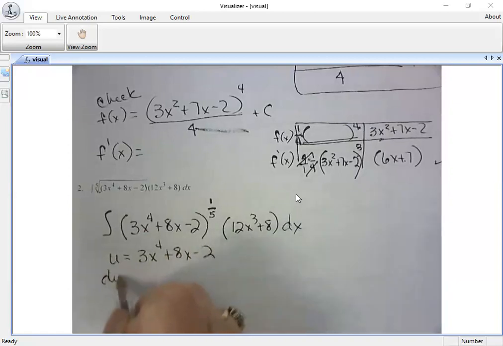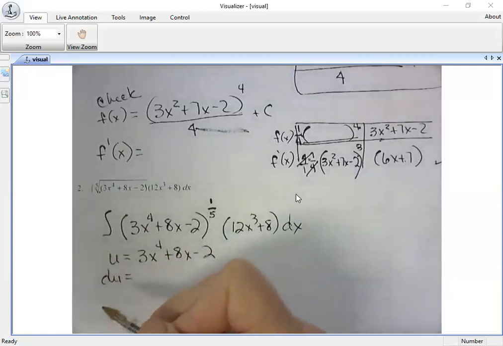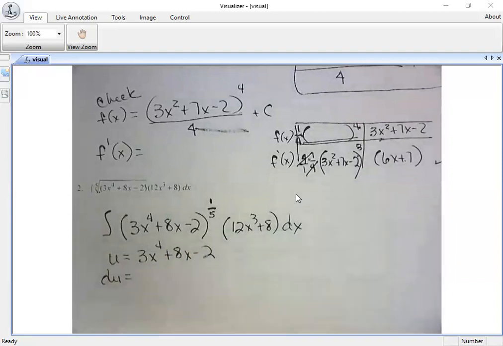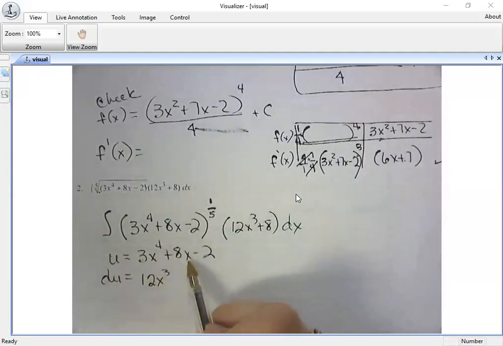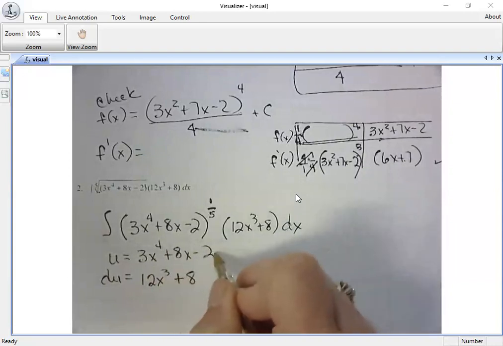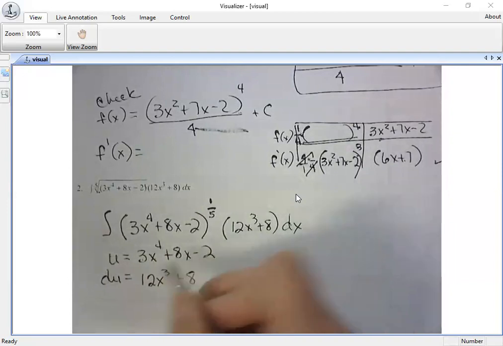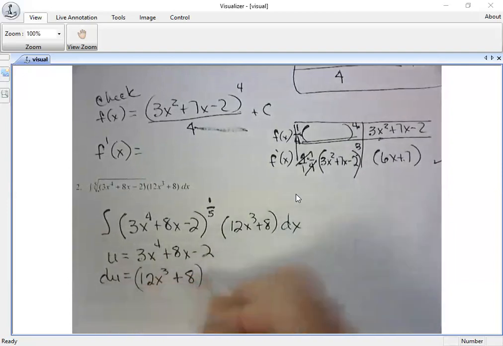Now I need to see what I get for du if I differentiate this. So 3x to the 4th becomes what? 12x to the 3rd, and then differentiate 8x and you get 8, and that's going to be a 0 when I differentiate -2. And because I differentiated, remember this was with respect to x.